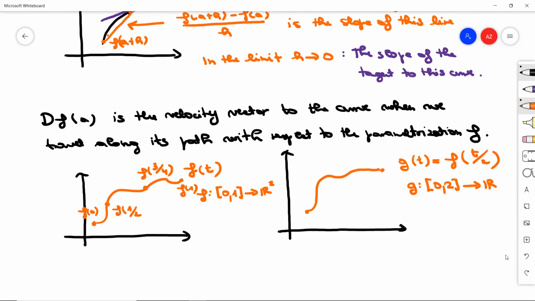So for example, here is g of 0, here is g of 2, and this f of 1/2 is now in fact g of 1, and this f of 3/4 is now g of 2 times 3/4, so 6/4.